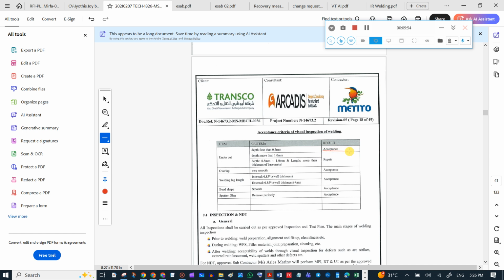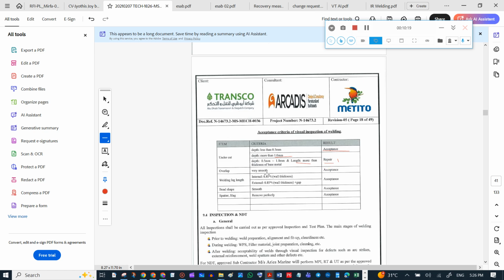If the depth is more than 1 mm, and if the undercut depth is between 0.5 to 1 mm and the length is more than the thickness of the base metal, then we need to repair it.